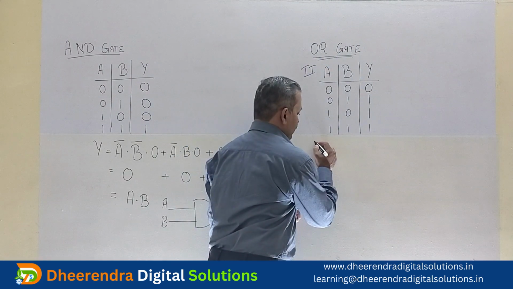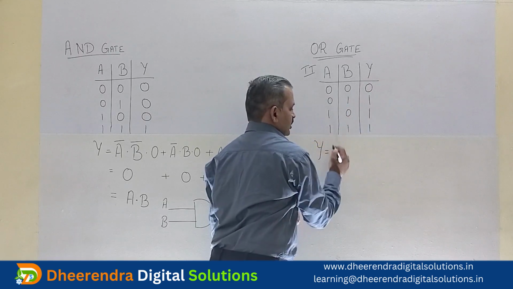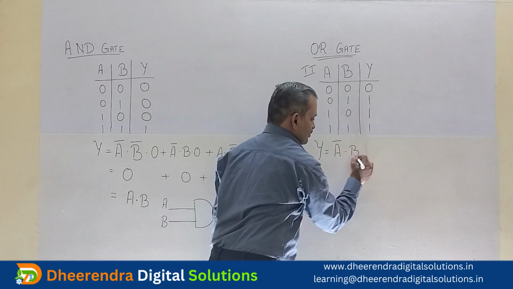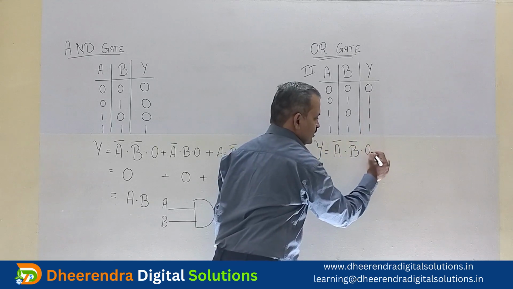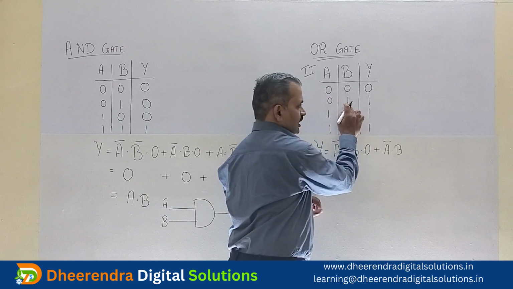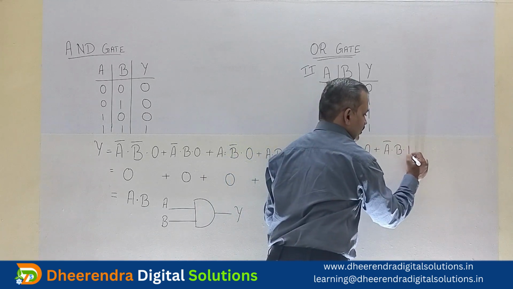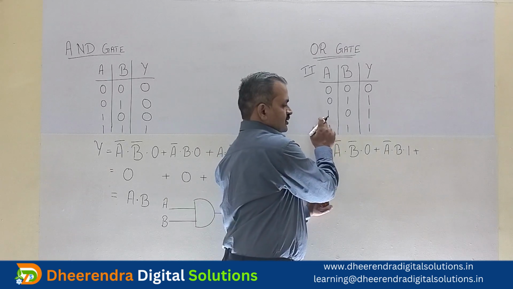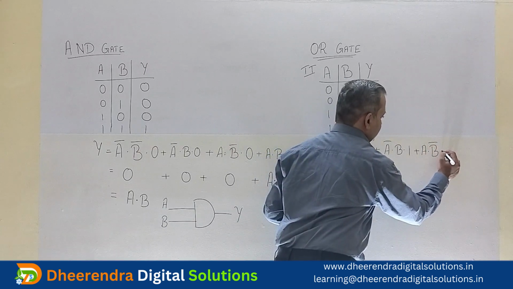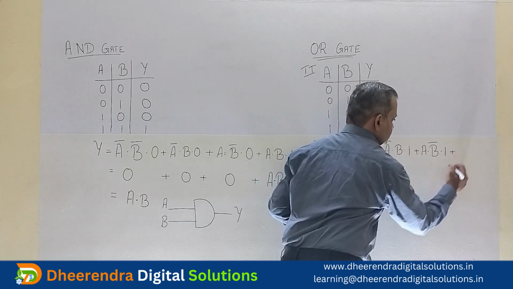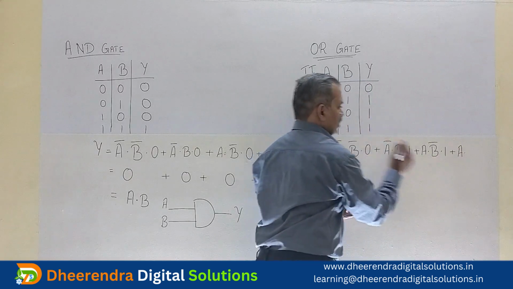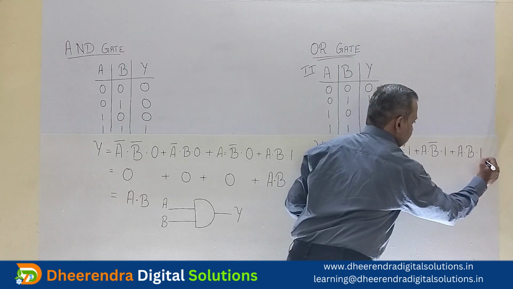Now let us look at the equation. Y will be equal to A bar dot B bar dot output is 0, so we write it as 0, plus A bar dot B, since B is 1, B dot 1, plus this is 1, so we get A dot B bar, output is 1, plus here we have A dot B, which is also 1, so we have B dot 1.